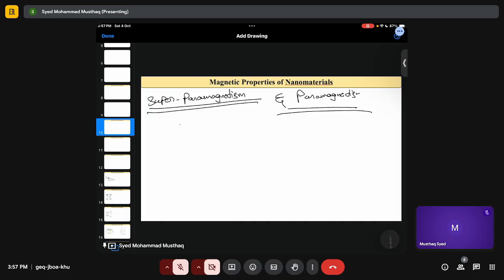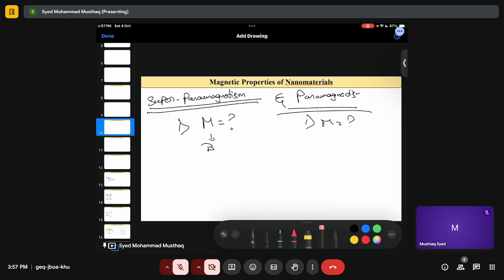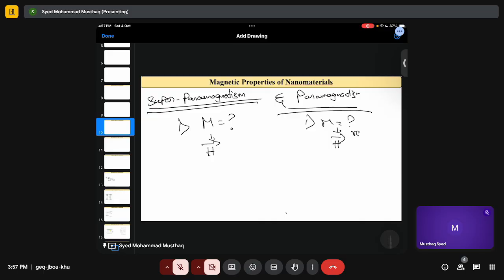So the first similarity is they both will show some magnetization when you apply a magnetic field. I will write H now. If I apply H, both will react, and the strong reaction will be shown by this one.